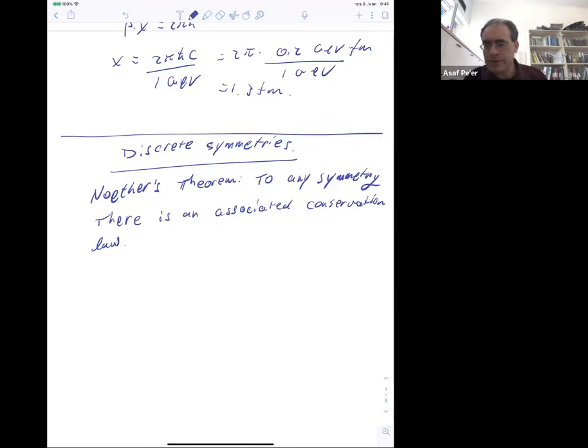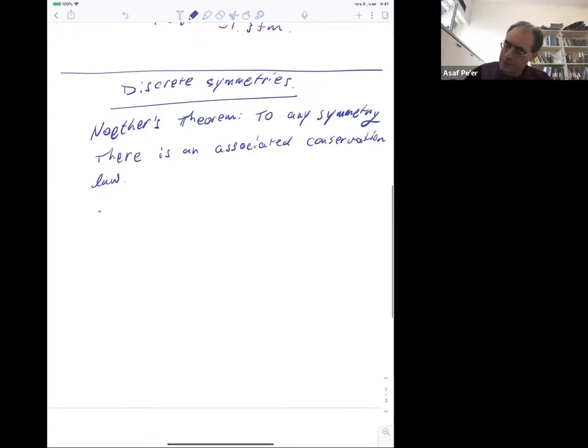Noether's theorem actually shows that: the fact that we have a symmetry in time means that energy is conserved. Symmetry in translation means that linear momentum is conserved. But what is a symmetry? I haven't defined a symmetry yet. So a symmetry really is an operation that one can perform on a system that leaves it invariant.